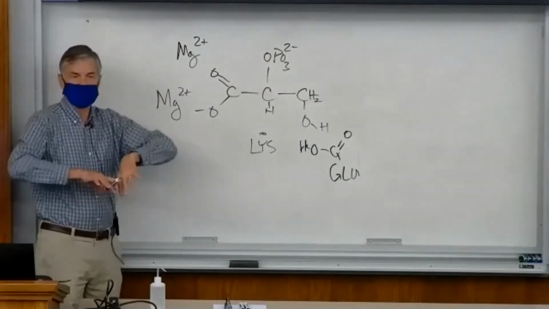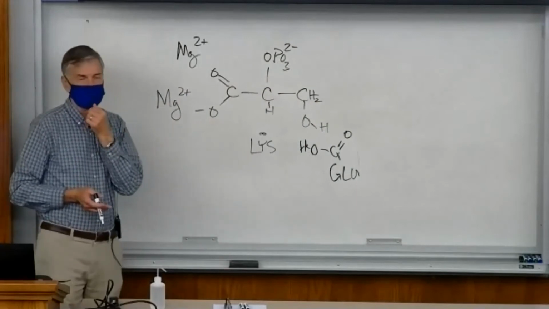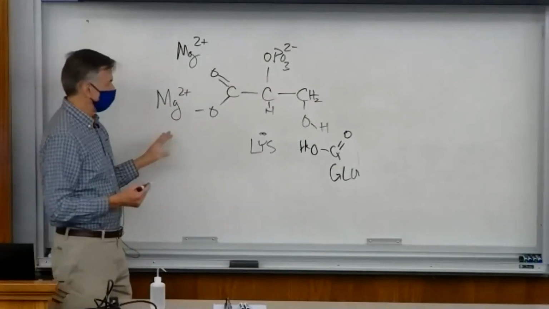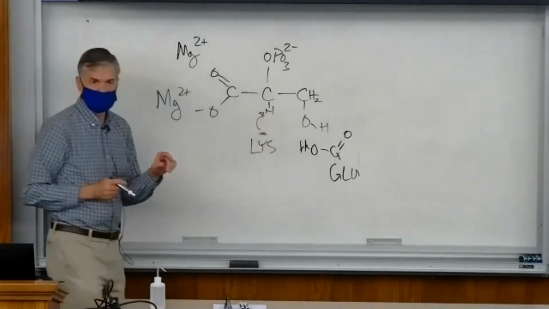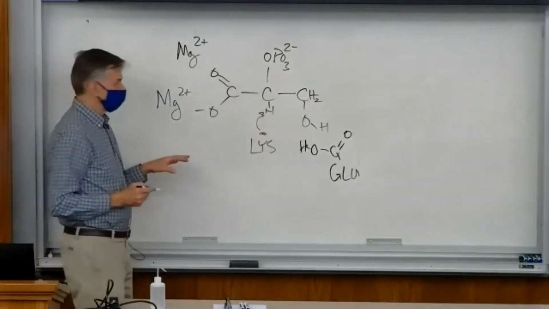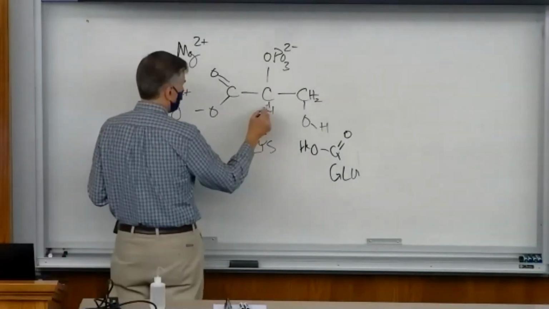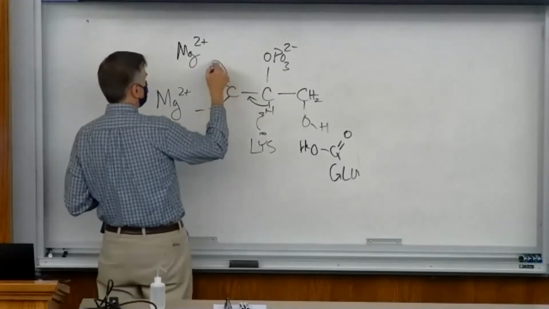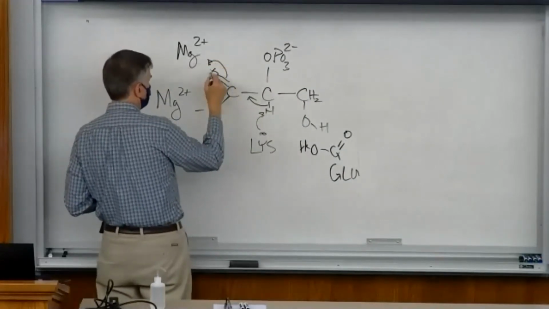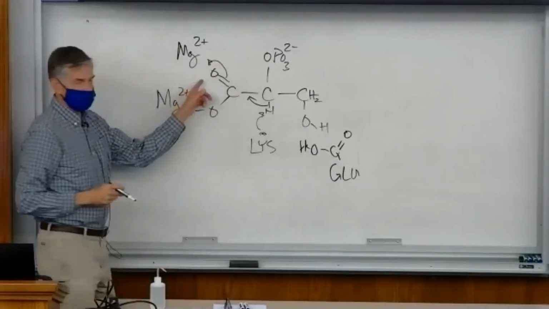So it's quite basic. This requires that we exclude water from the active site. But this will now come and remove this proton. So we abstract a proton, we generate a double bond here, and we push an electron out here on this oxygen.